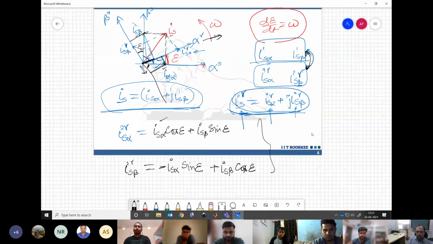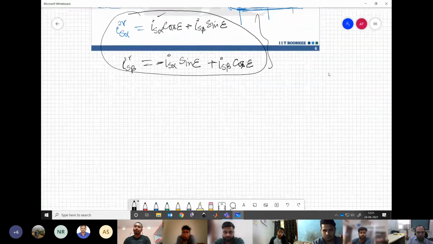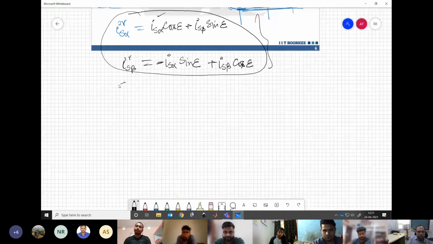Now let us try to write this in more compact form. So how you can write in a compact form? You can first write in terms of matrix.